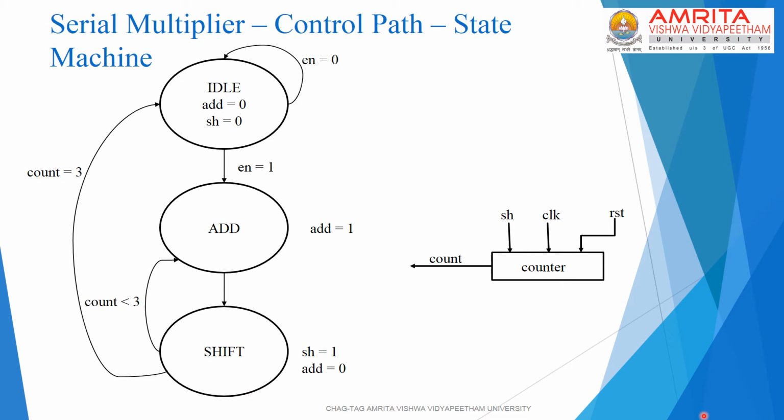So we have used a Moore state machine representation. Therefore, the add state signifies the assertion of the add control signal. Or in other words, the state machine asserts the add control signal when it goes to the add state.